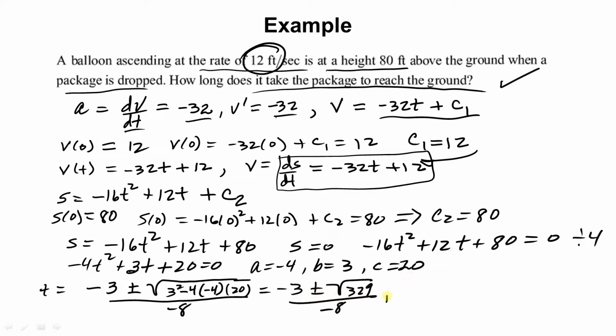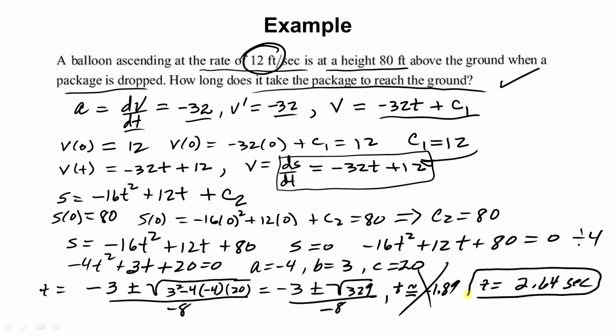You've got two solutions. One is a negative solution, which is not one we're looking for, because that would be before the package was dropped. Anyway, we get minus 1.89, and we throw that one out. But the other one, which is positive, is t equal to 2.64 seconds. That tells us that the package hits the ground after 2.64 seconds.